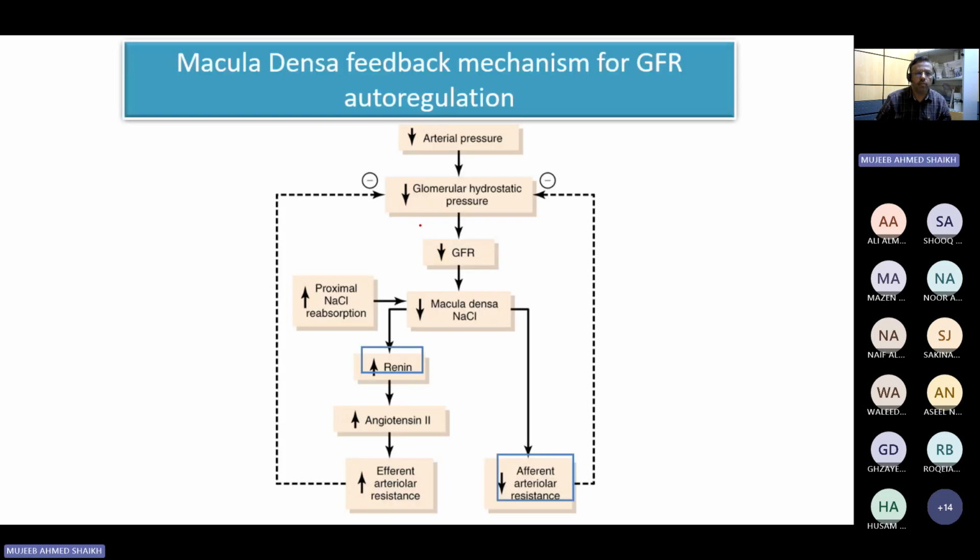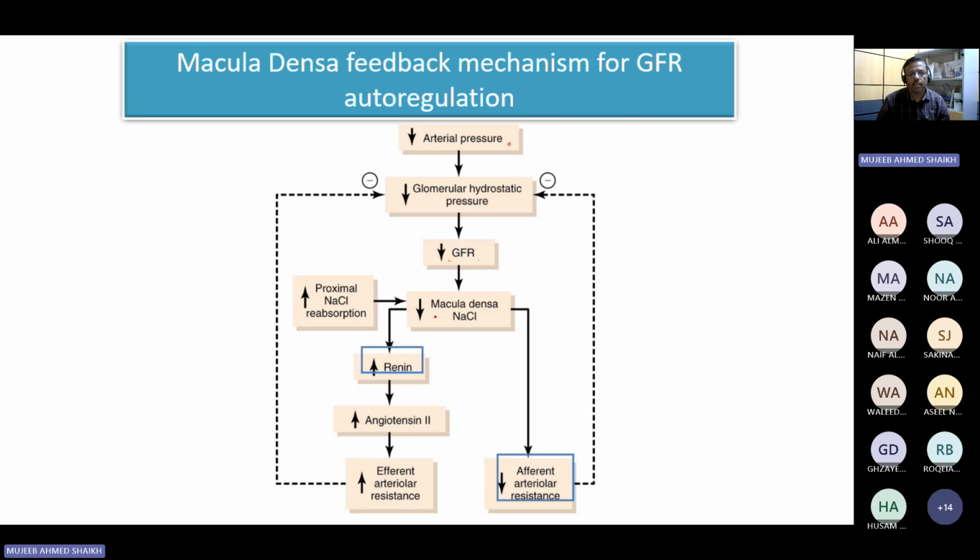The same thing is shown here. What is the role of the macula densa cell? Let's say the opposite, decreased arterial blood pressure. So decreased hydrostatic pressure in the glomerulus leads to decreased GFR, which means decreased sodium chloride at the macula densa cell.